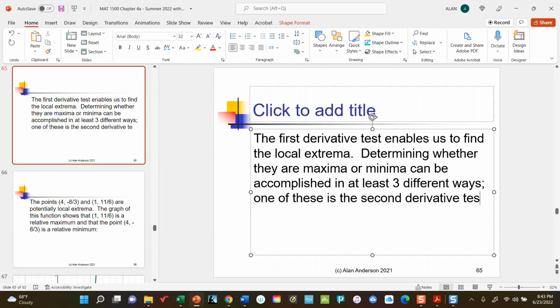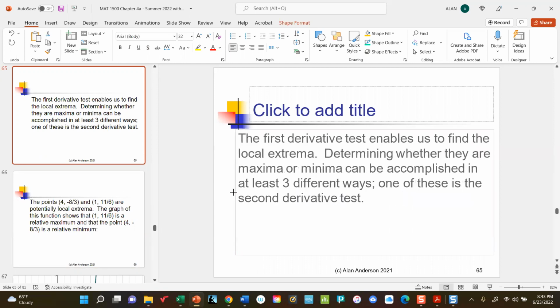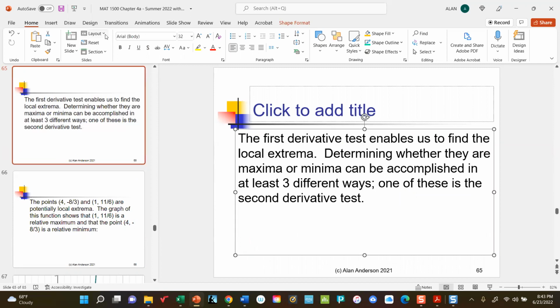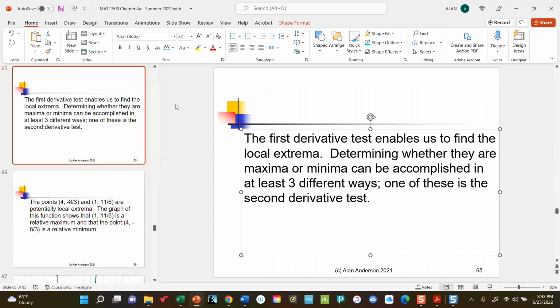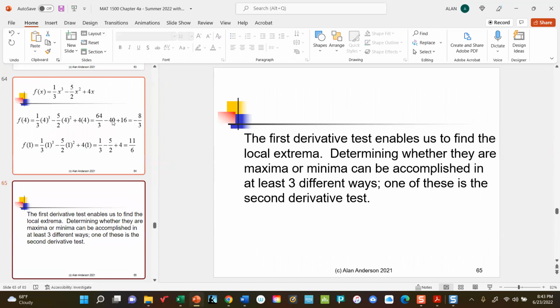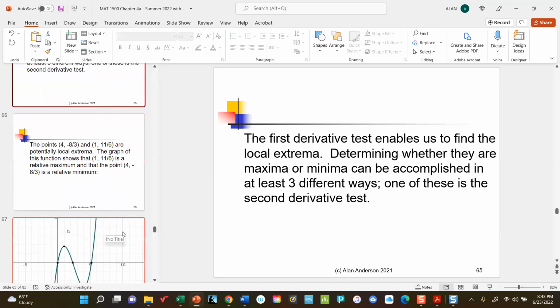In other words, it turns out that if we examine the sign of the second derivative, that will uniquely identify whether each of these points is a maximum or a minimum. The first derivative test can only tell us if these are extrema. It doesn't tell us which is which. Here we're relying on the graph to do that.